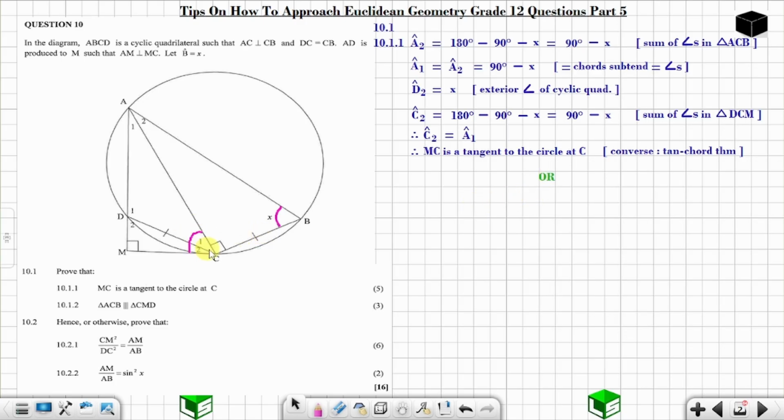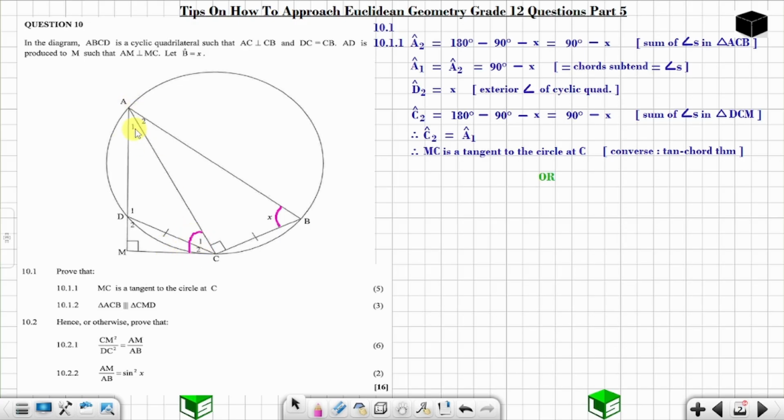We need this angle. We have this angle. This angle is x. We need this angle. We can use this triangle AMC. We need angle A1 so that we have enough information to find this angle.